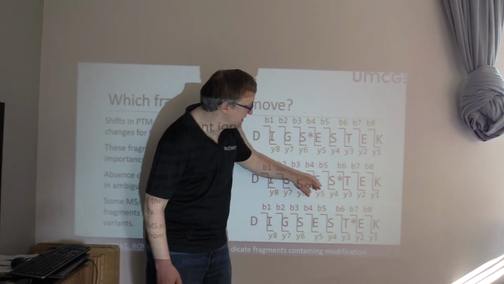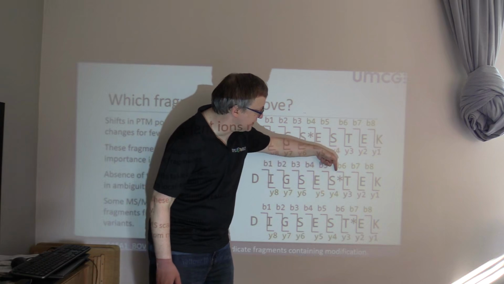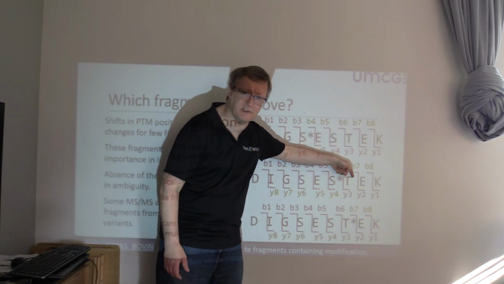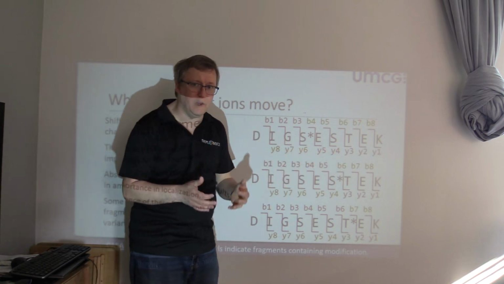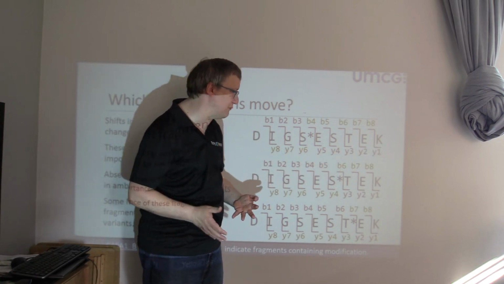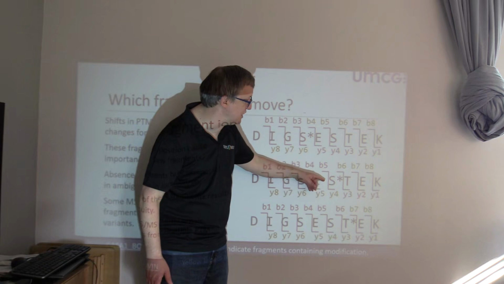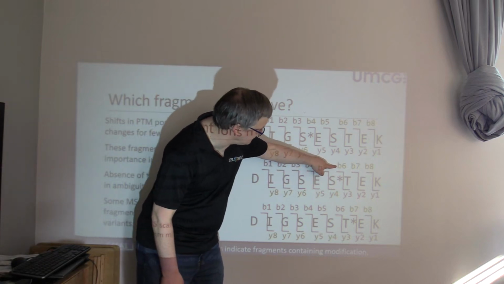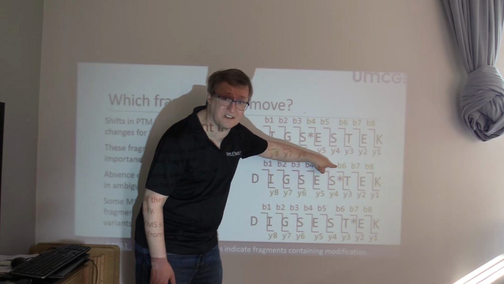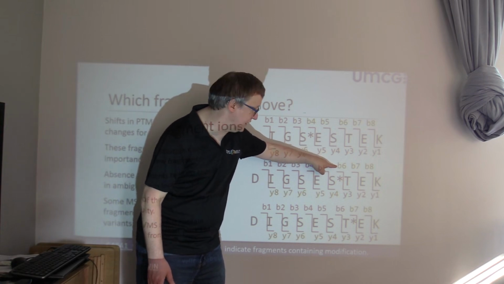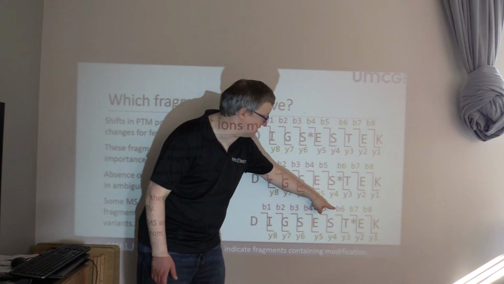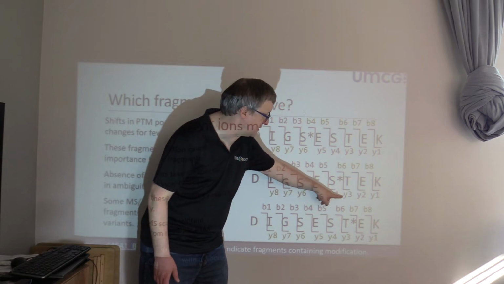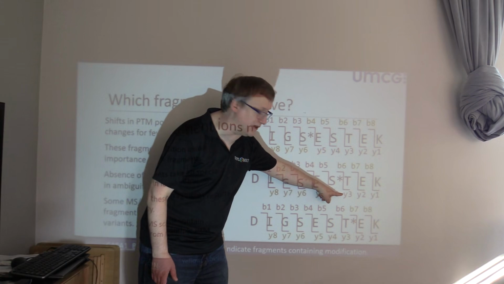Now, if you're trying to make the judgment about whether the phosphorylation is on this serine or this threonine, there's only one peptide bond's worth of information to help you make that discrimination. That's B6 and Y3. In this case, B6 does contain the phosphorylation. In this case, it does not. In this case, Y3 does not contain the modification mass.